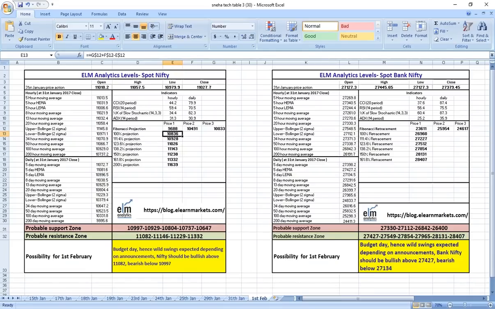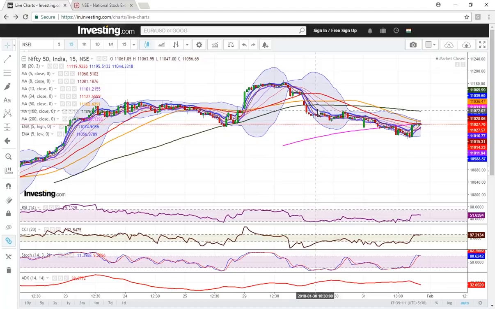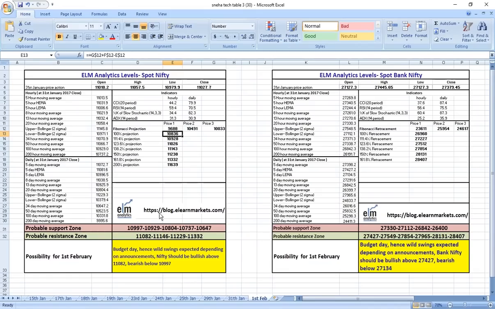So there was an 8-point breach. Basically, when we are giving these supports and resistances, they may not be held on an absolute basis, like 5-10 points aberration can be there. But the main point we are trying to make is that if a particular level is seen to be holding, then there is scope that the market may go to the next level.